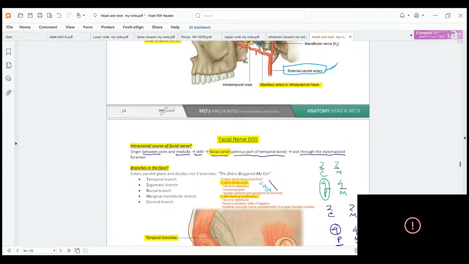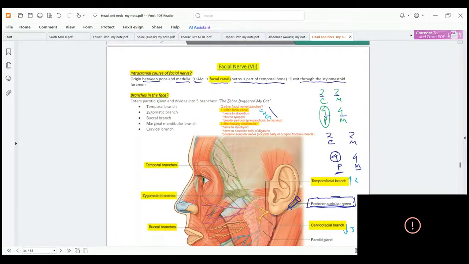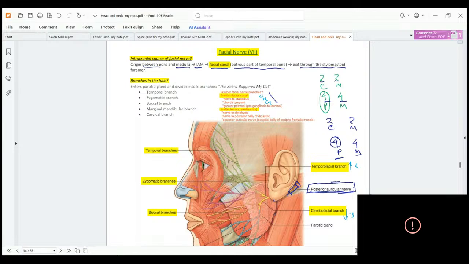Facial nerve giving branches: temporal, zygomatic, buccal, marginal mandibular, and cervical branch. Also within the facial canal, it gives the chorda tympani, nerve to stapedius, and greater petrosal nerve.